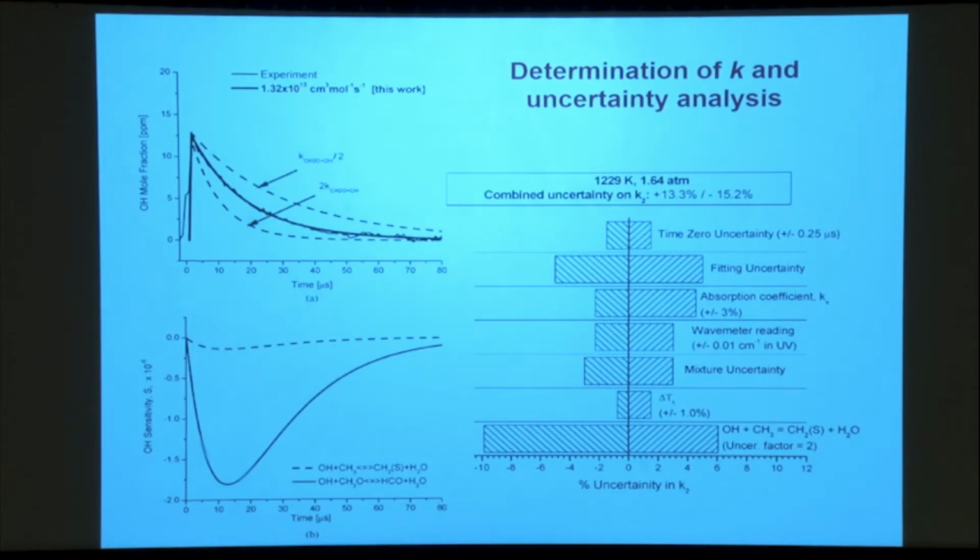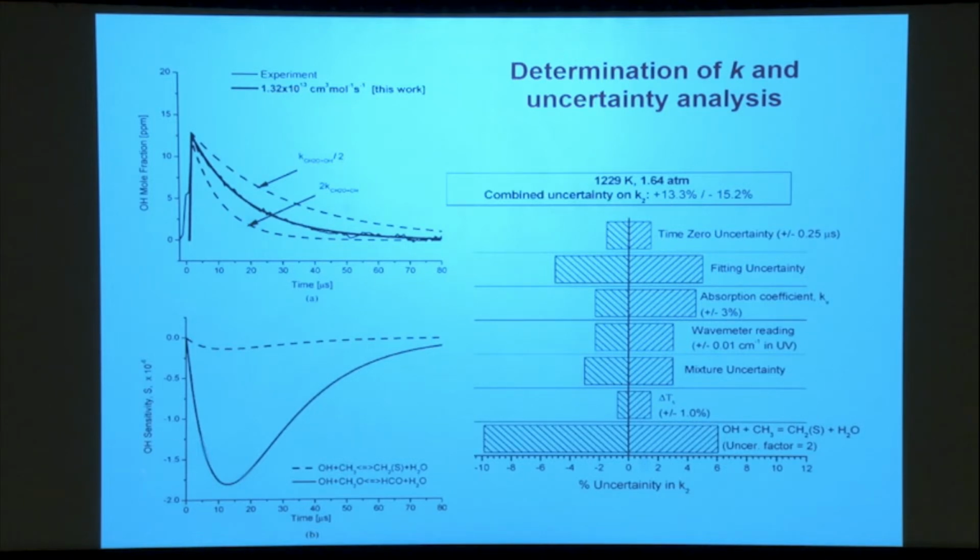Okay, and the other uncertainties are to do with experimental measurement uncertainties, so measuring the time at 0, uncertainties in the absorption coefficient, uncertainties in specifying the initial mixture exactly. Okay, so the influence of this secondary reaction is fairly small.